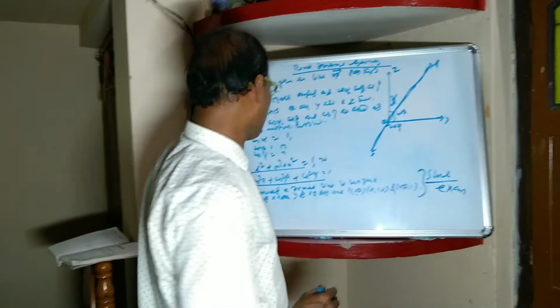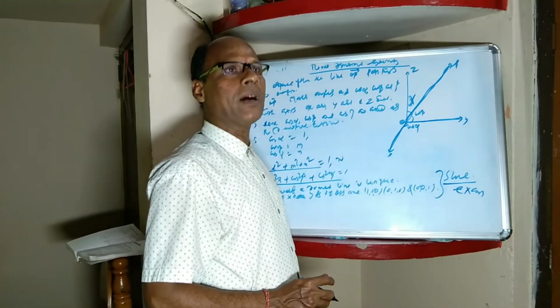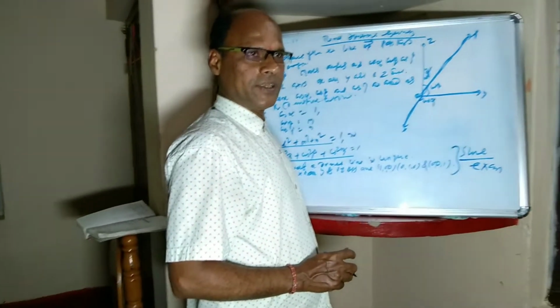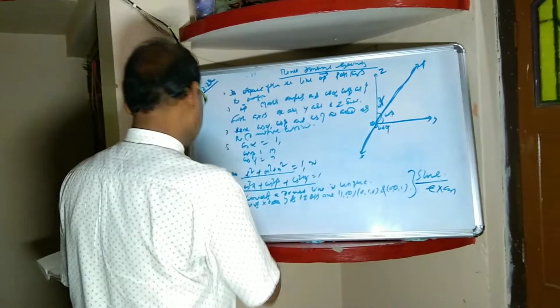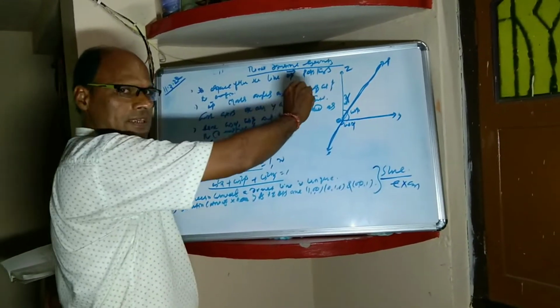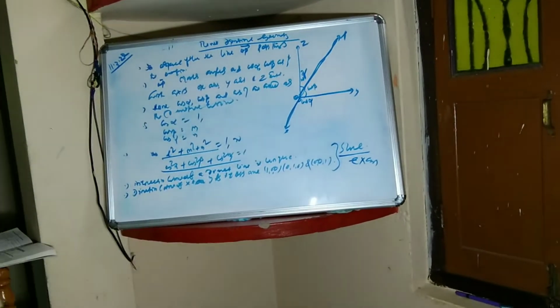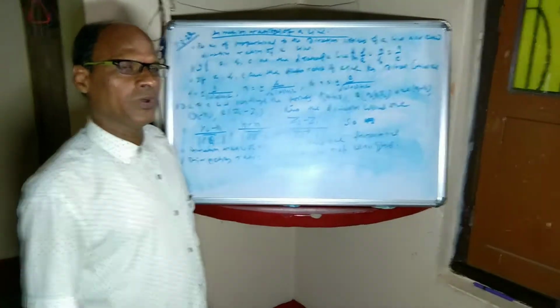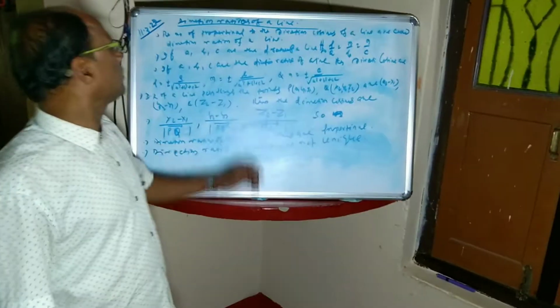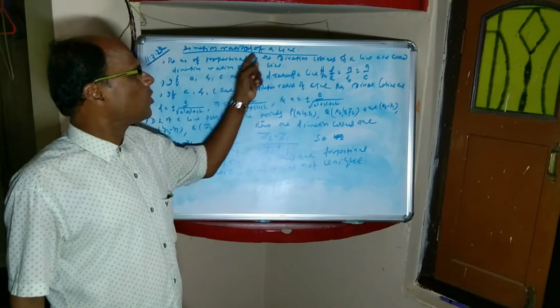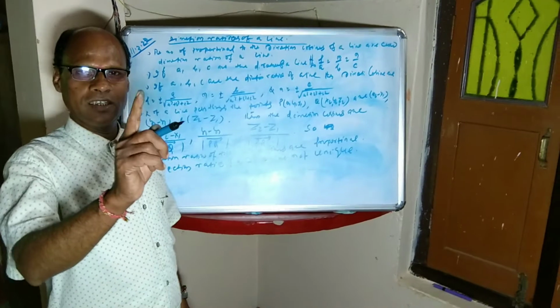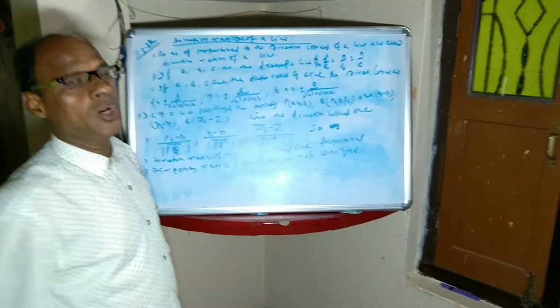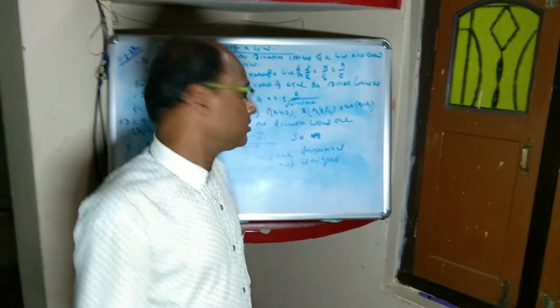We have now discussed three-dimensional geometry. Now we further discuss the direction ratio of a line. What do you mean by direction ratio?